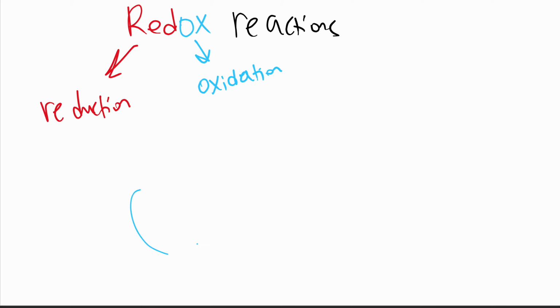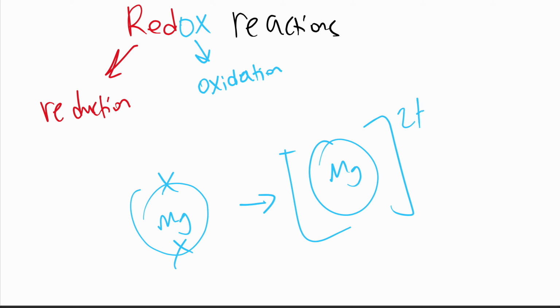Say we have an atom, magnesium maybe. Magnesium loses its valence electrons to have a full outer shell, and it becomes a 2+ positive ion because it lost its negative electrons.